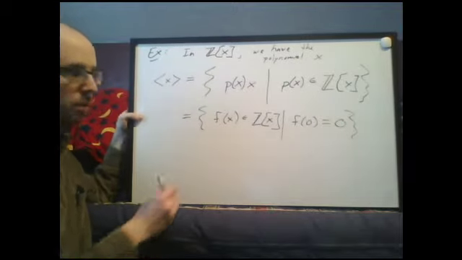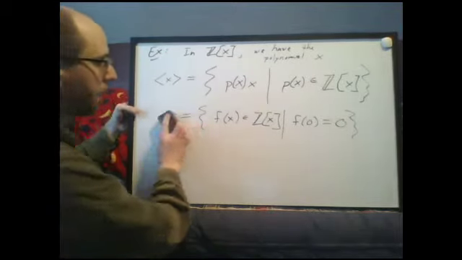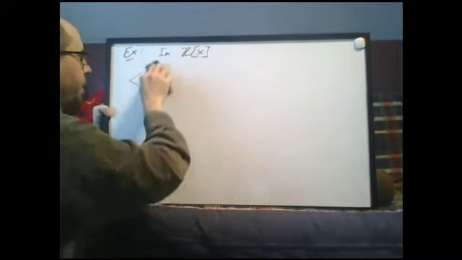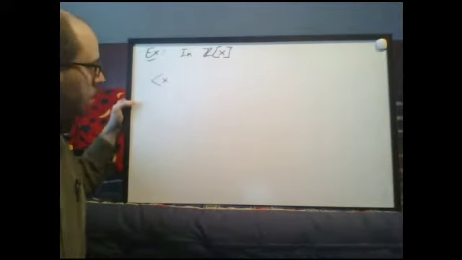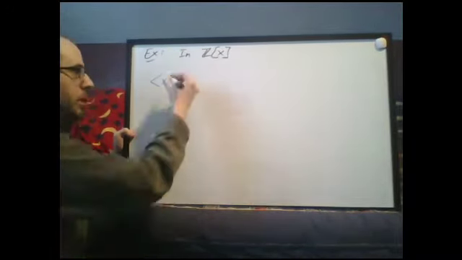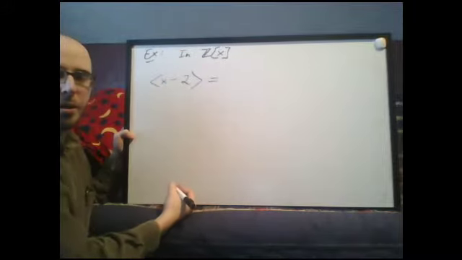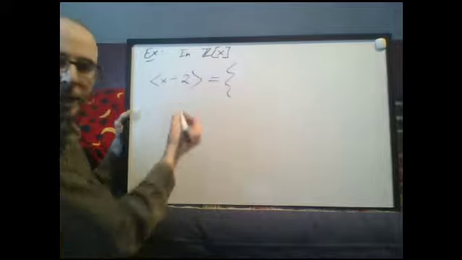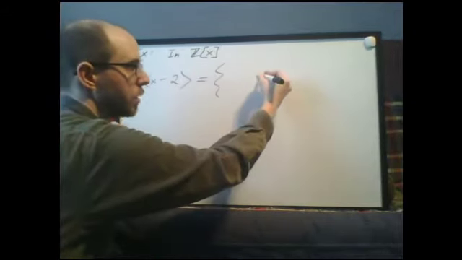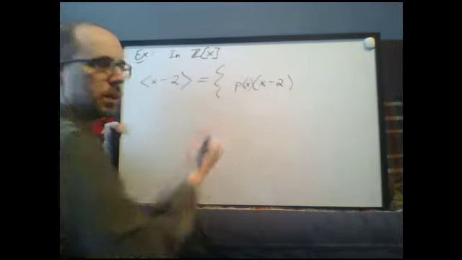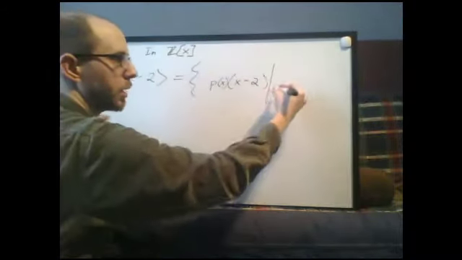Similarly, let's do another one with the same stuff here. Rather than use x as my generating element, let's do a linear polynomial like x minus 2. So again, by the definition of principal ideal generated by x minus 2, this would be things of the form x minus 2 times some other element p of x in our polynomial ring.